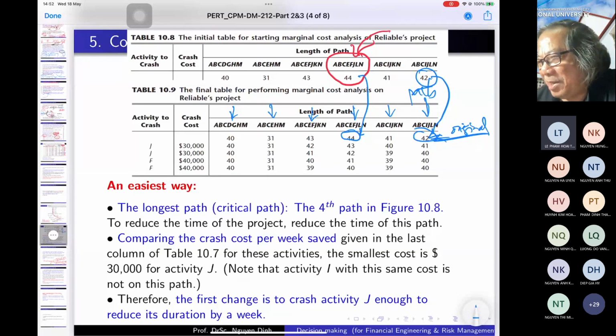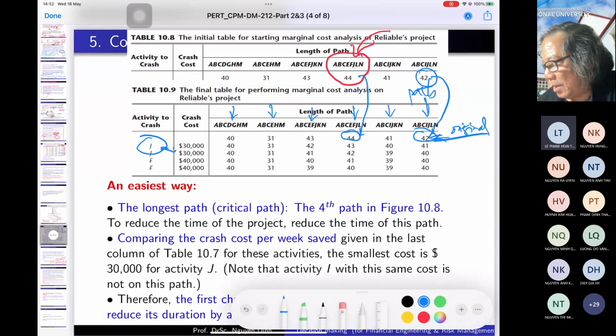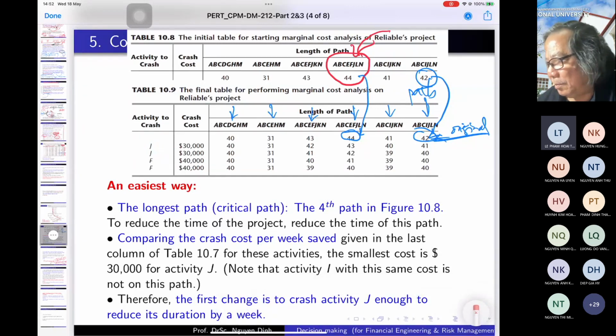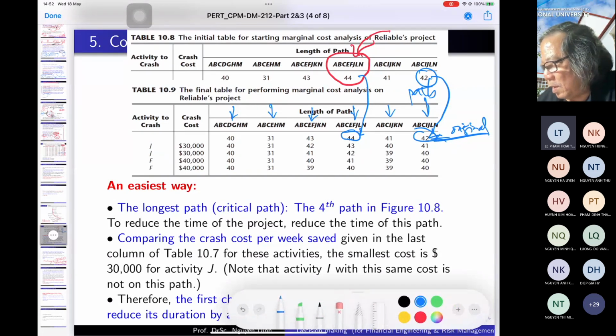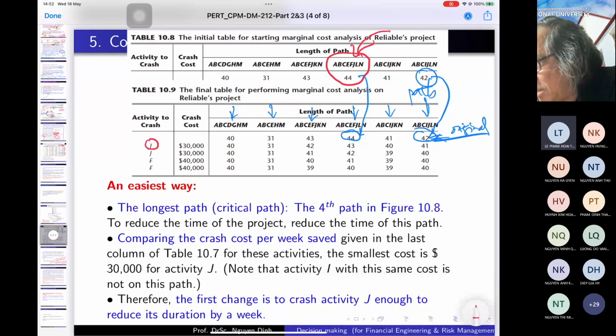I reduce J, crash J 1 week. I crash the node J by 1 week. Okay? And then the critical path here becomes 43 weeks.